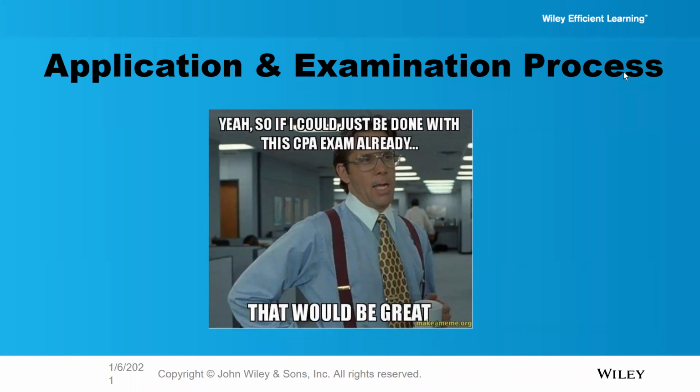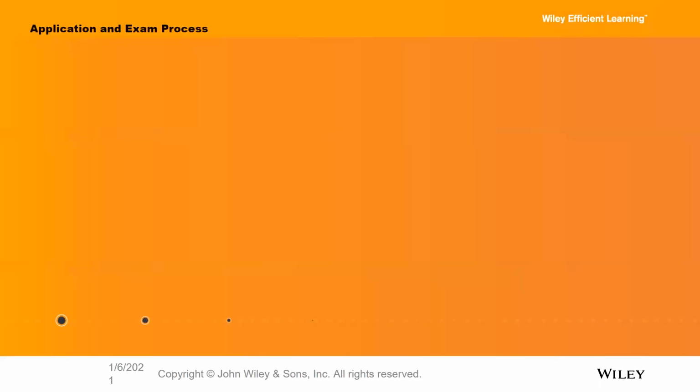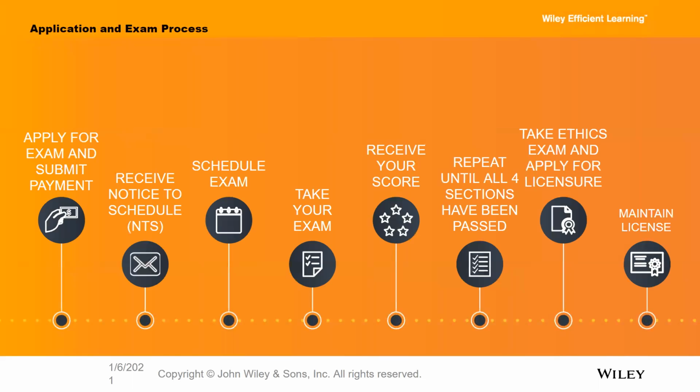For the application and examination process, to give you an idea what that looks like, at each step you're going to apply for the exam and receive a notice to schedule your exam. That's when you schedule it, take the exam, receive your score, and then at that point, you're going to repeat all of it until all the sections have been passed within that 18-month period that I mentioned before.